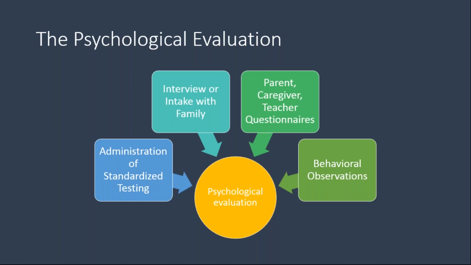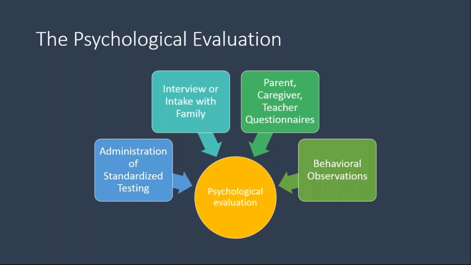So how do we figure out whether or not an intellectual disability really is the appropriate diagnosis? The best thing that we can do to really answer that question is the psychological evaluation. And the psychological evaluation has many parts to it. It's going to involve some sort of administration of standardized testing.